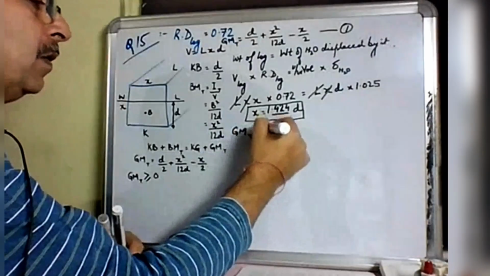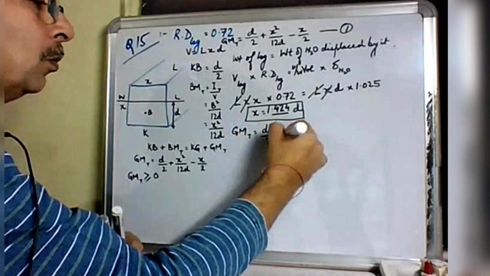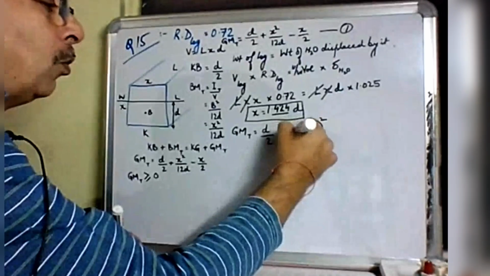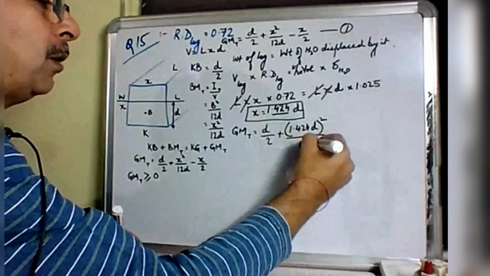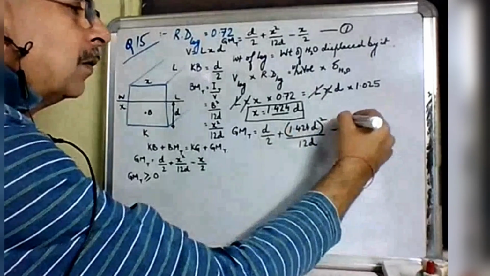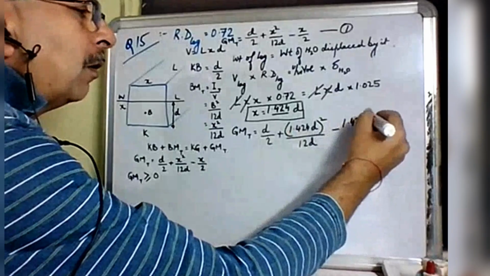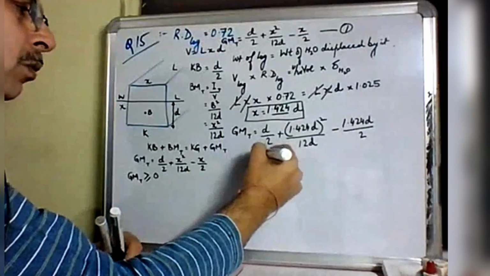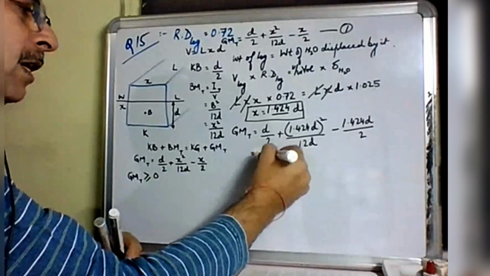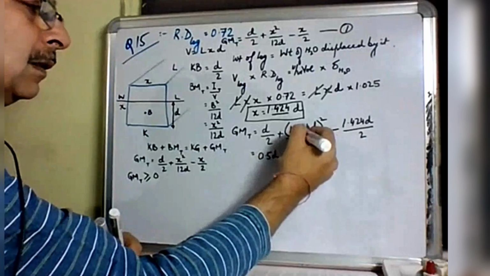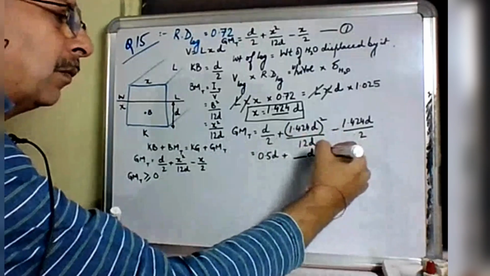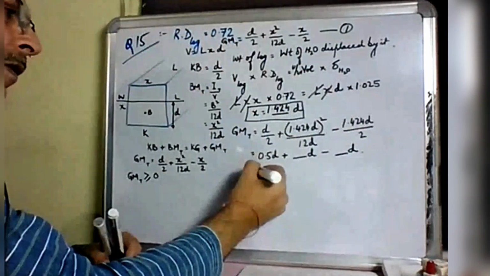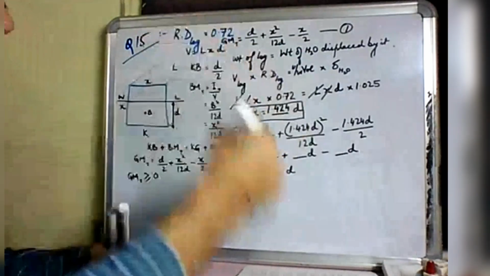So GM is equal to d by 2 plus 1.424 d whole square divided by 12d minus 1.424 d divided by 2 is equal to 0.5 d plus something d minus something d is equal to something d.